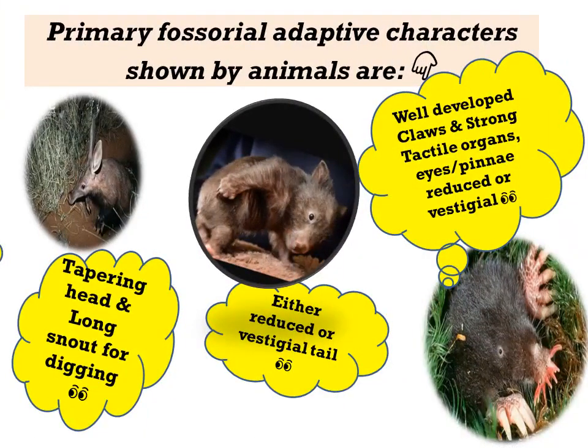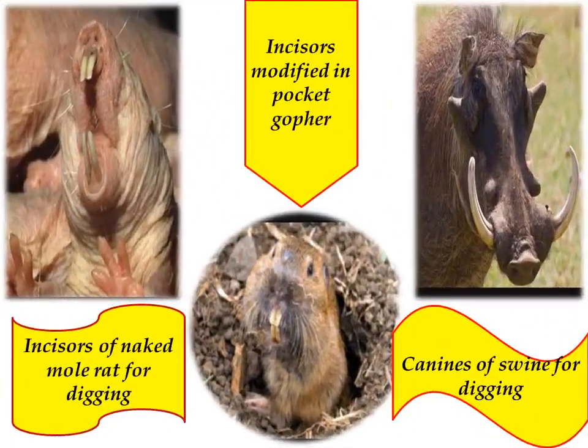So fossorial animals show certain adaptive characters like a tapering head and long snout for digging, a reduced or vestigial tail, well-developed claws, strong tactile organs, and reduced eyes and pinnae. Incisors are modified, strong and elongated in the naked mole rat for digging.